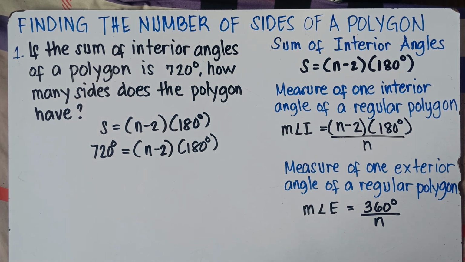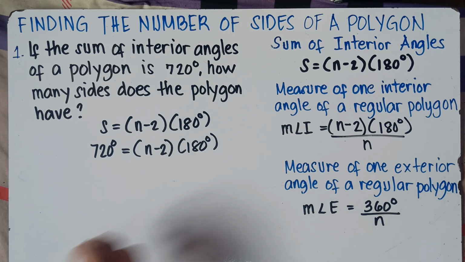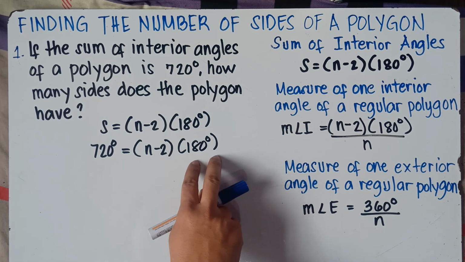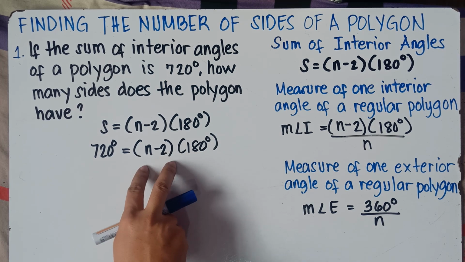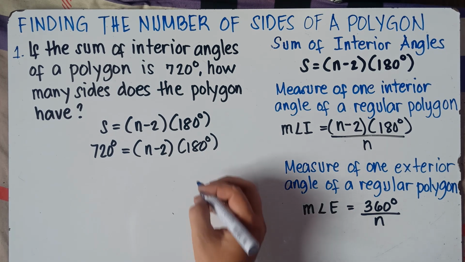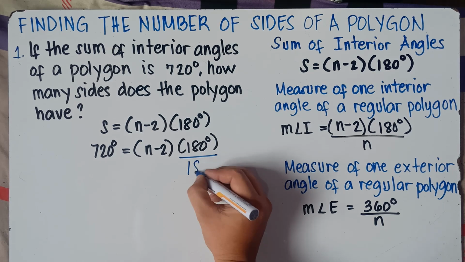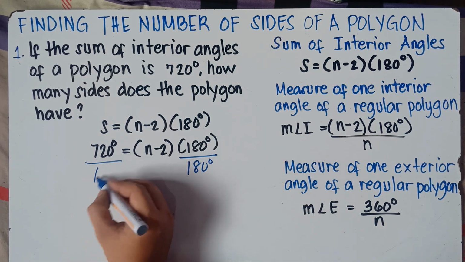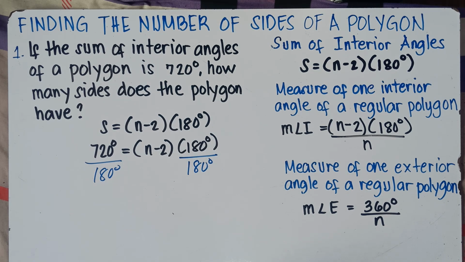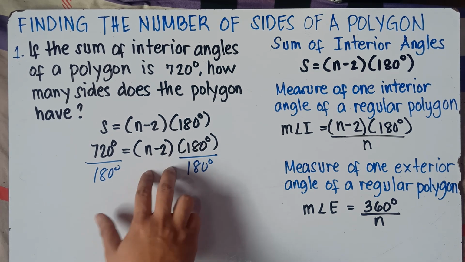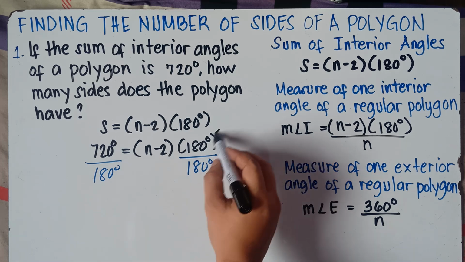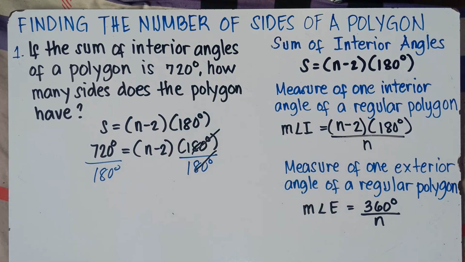Now to get the value of n, class, we need to divide both sides by 180 so that we can cancel this out, because we need to isolate n. The remaining equation will be n minus 2. So 720 divided by 180.